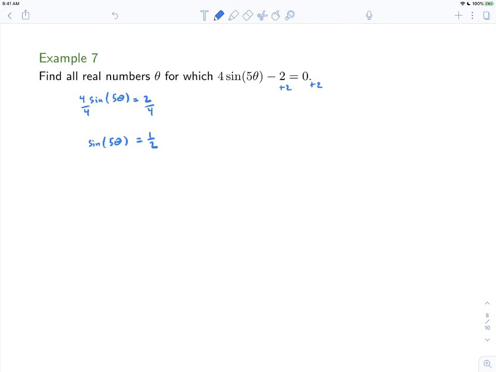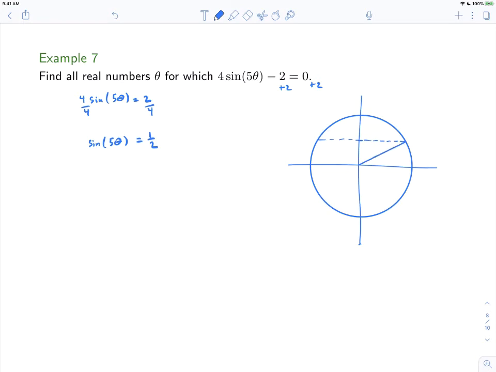Well, what are the angles that give us 1/2? So once again, let's look at the unit circle. We're looking for all of the places on the unit circle where the y-coordinate is 1/2. So that's halfway up here. So this angle is pi over 6, and this angle is 5 pi over 6.